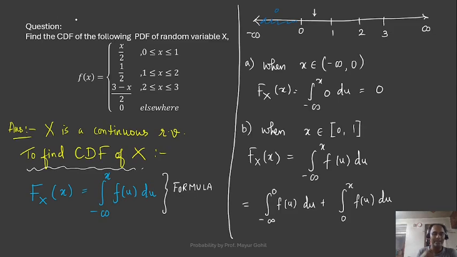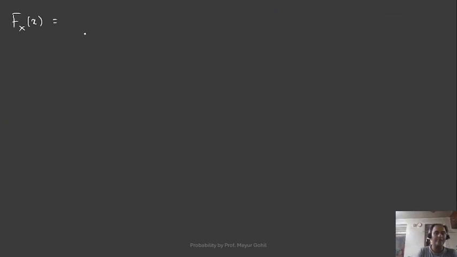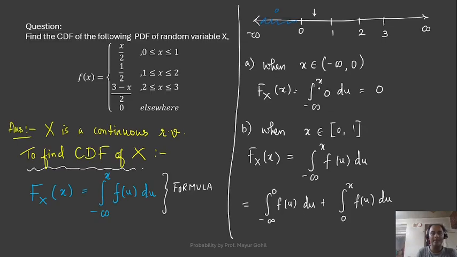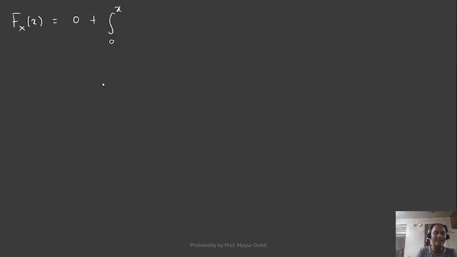So we have F of x equals, now we have already seen that f of u in the first interval, minus infinity to 0, is 0. So we write here 0, and from 0 to x, the value of the function in the interval 0 to 1 is x upon 2. So I'll write u upon 2 du. Now why did I write u?